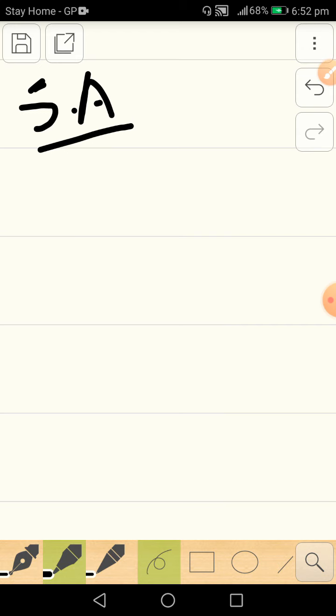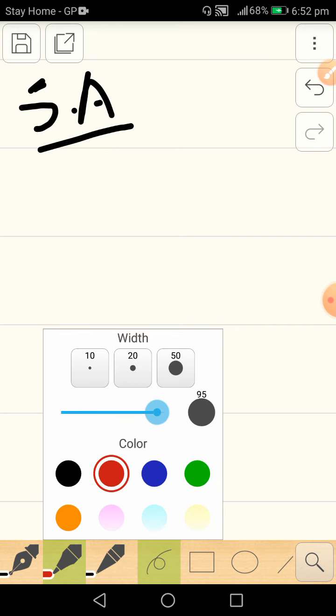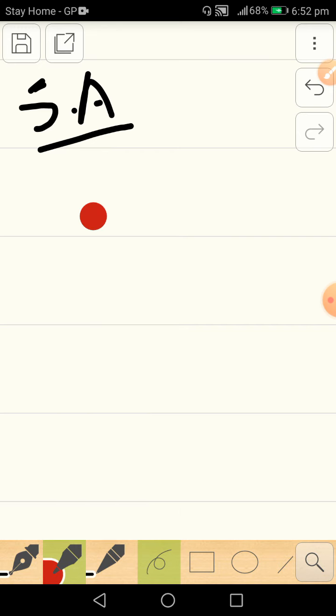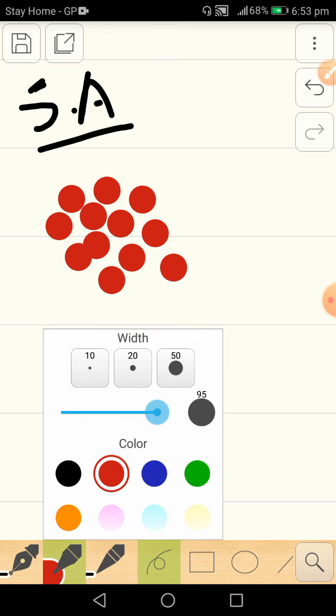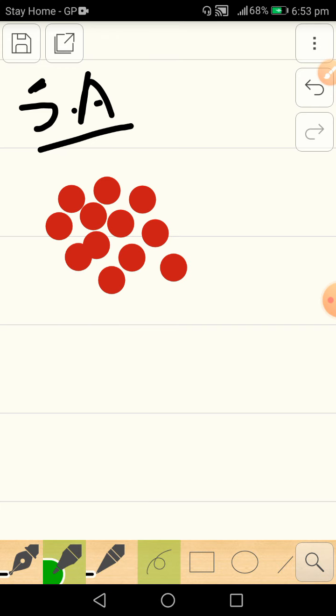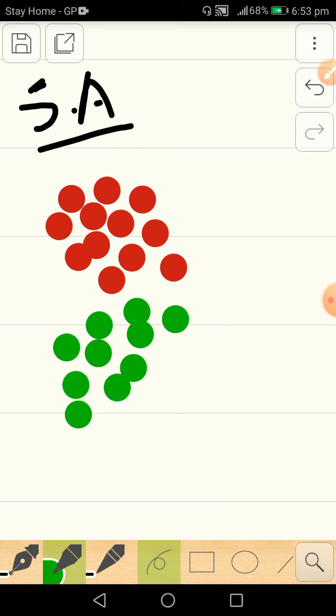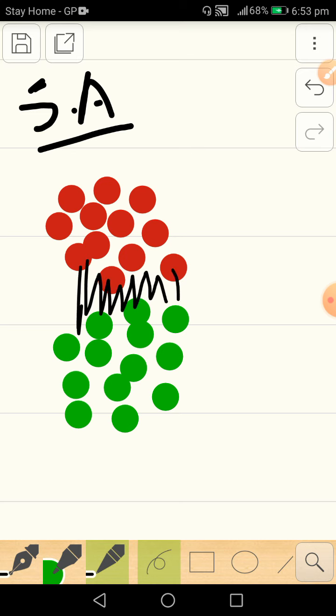For example, let me draw some red particles which are confined in a space like this, and some green particles which are confined in a space like this. Here only between these surfaces there is a possibility of collision, so there will be a very small number of collisions.